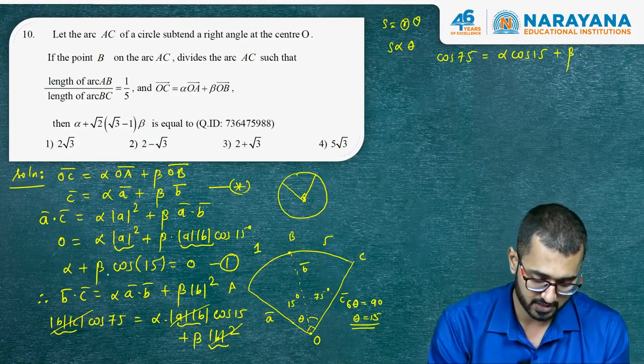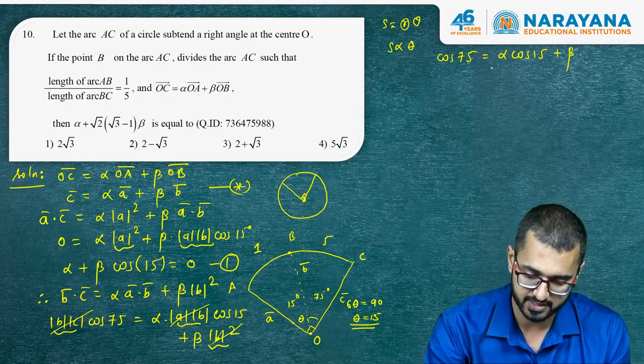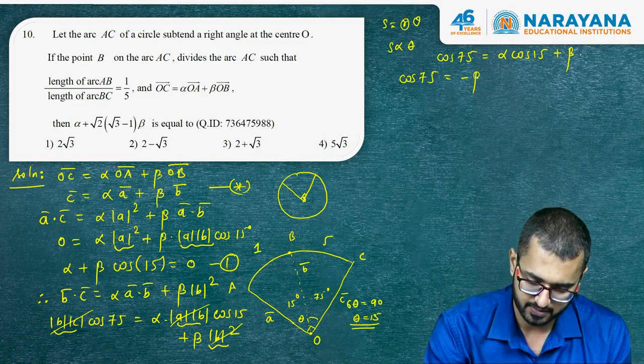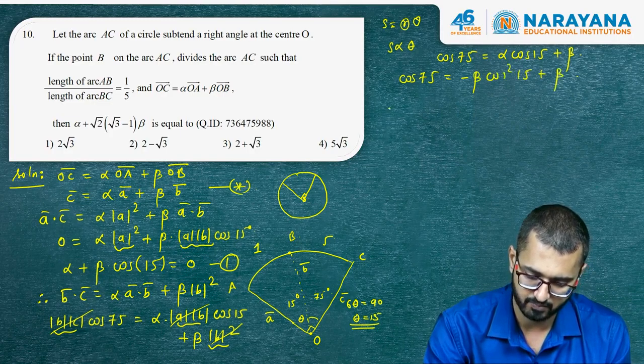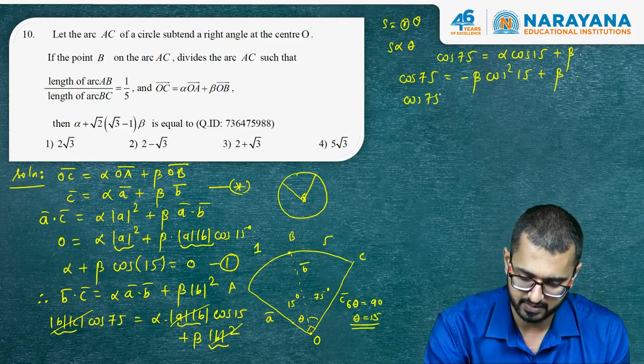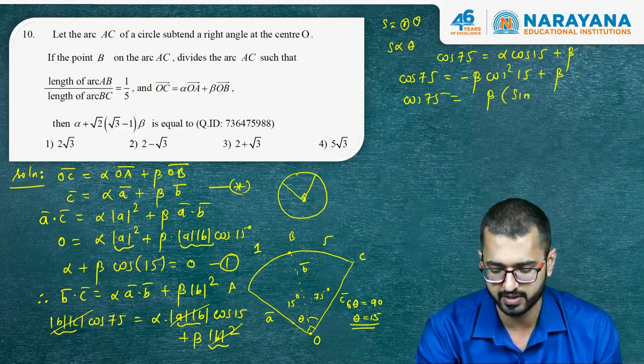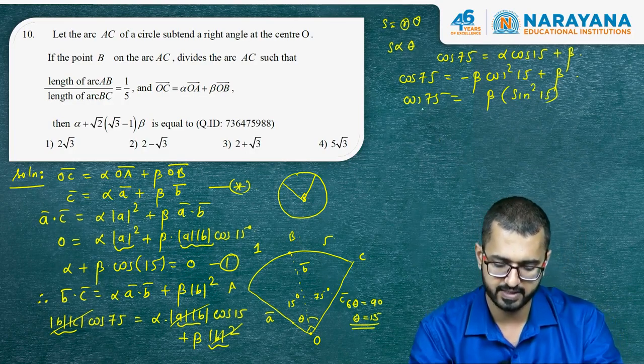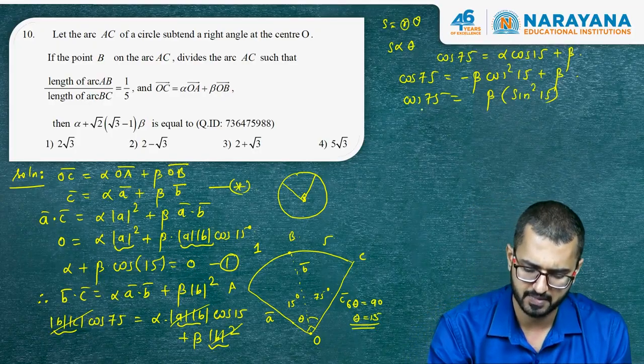So we'll put the value of alpha into this equation. So cos 75 is equal to, alpha is minus beta cos 15, so minus beta cos square 15 plus beta. So this becomes cos 75, and then beta we can take common. 1 minus cos square becomes sin square 15. So cos 75 is same as sin 15, sin of 90 minus 15, we can write down.